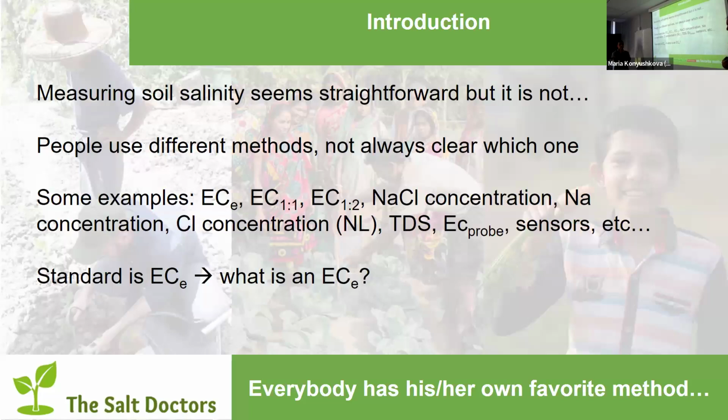For example, the Netherlands, the country I am from, is kind of a weird exception, because it's water salinity, not soil salinity, but water salinity is always reported in milligrams of chloride. That's what all the water boards work with. So then you have to translate milligrams of chloride per liter to EC values or to sodium levels or to millimolars of sodium chloride or whatever.